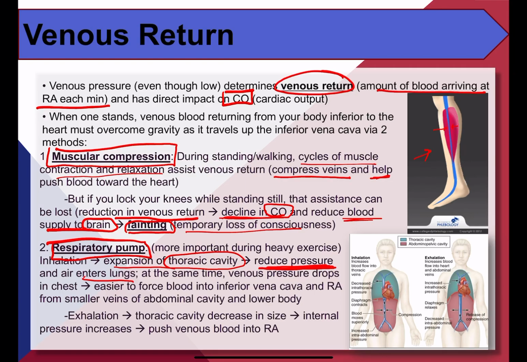At the same time, your venous pressure will drop within the chest because there's more room to move around, and it is easier to force blood into the inferior vena cava and your right atrium from the smaller veins of your abdominal cavity and your lower body. So let me draw this with you, because I'm going to redraw this again in the respiratory system anyway.